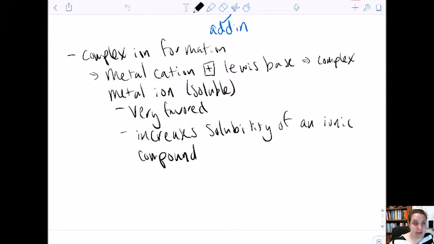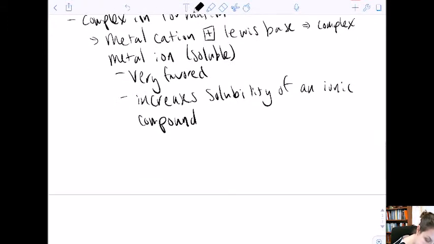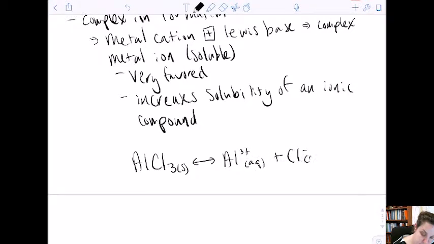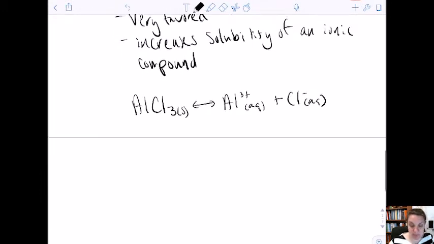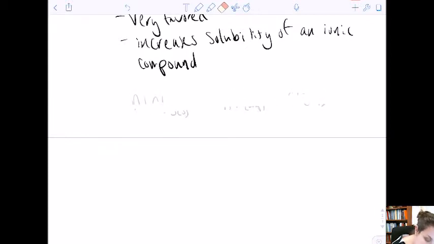So let's look at how this works. Let's take aluminum chloride. Okay, so aluminum chloride has a specific KSP associated with it. However, that aluminum, or sorry, not aluminum, it's supposed to be silver chloride. Excuse me.